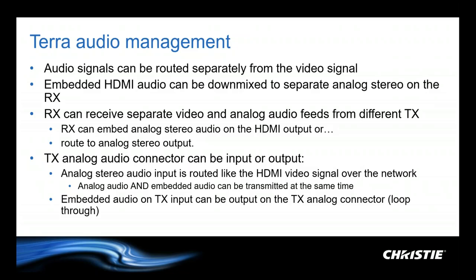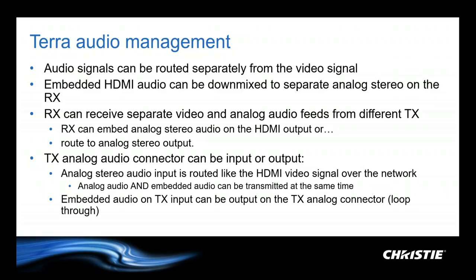When an analog stereo input is used as an input, it's routed just like the HDMI video signal over the network. So the analog audio and the embedded audio can be transmitted at the same time. You can have an analog audio source and a different audio source embedded on the HDMI input, and they can be transmitted at the same time, obviously routed to different destinations.